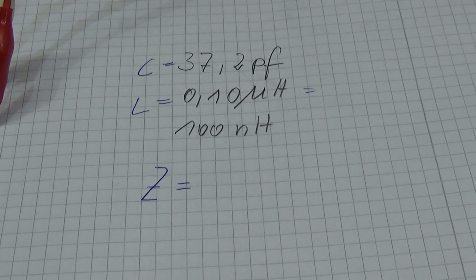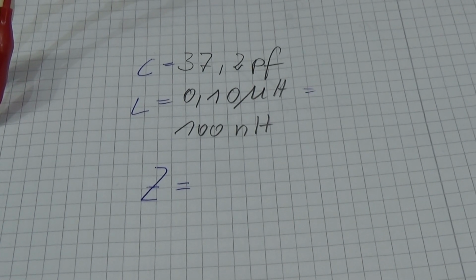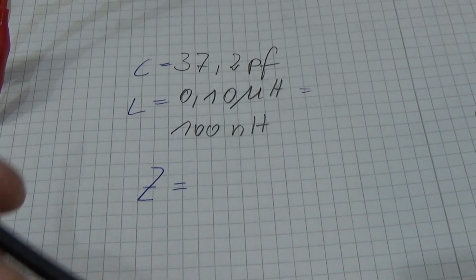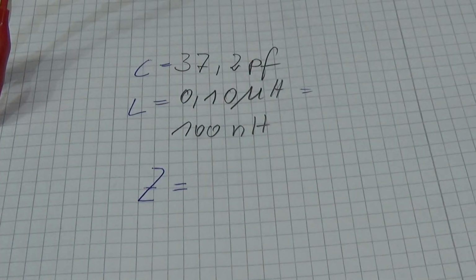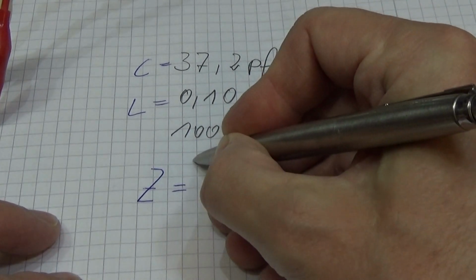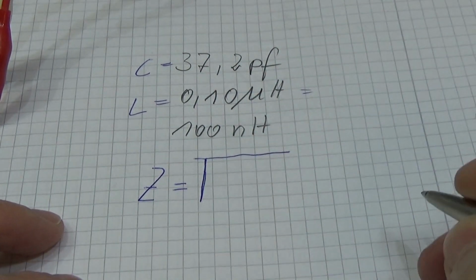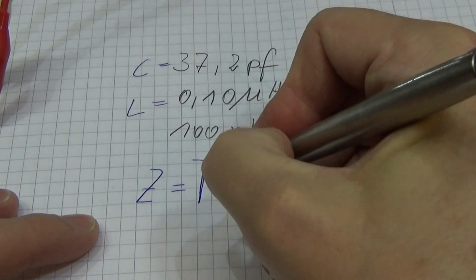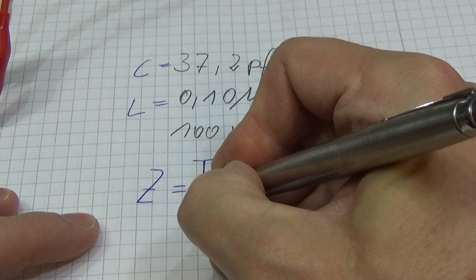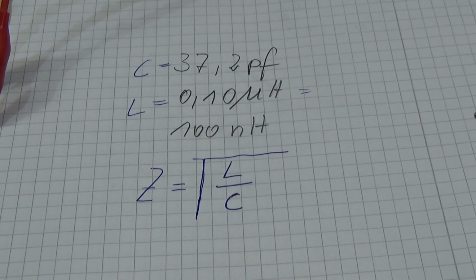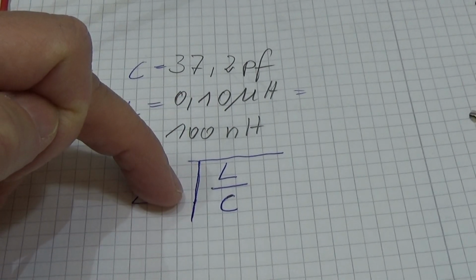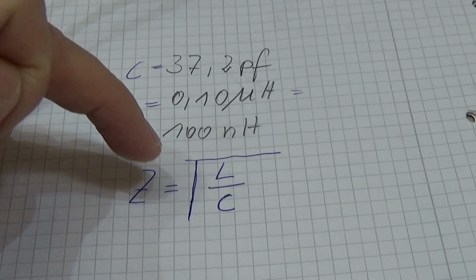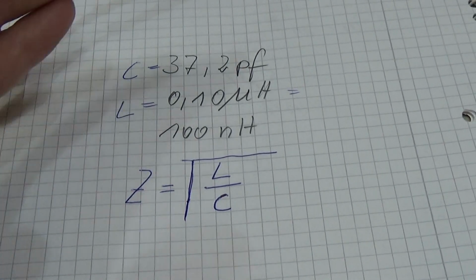And the nice thing we can use to determine the impedance of this cable is a little formula. The formula is Z equals the square root of L over C. If we put our measured figures into this formula, let's see if this works.